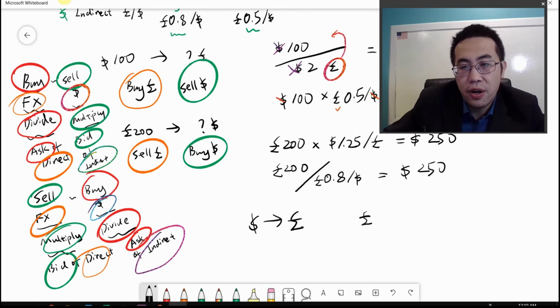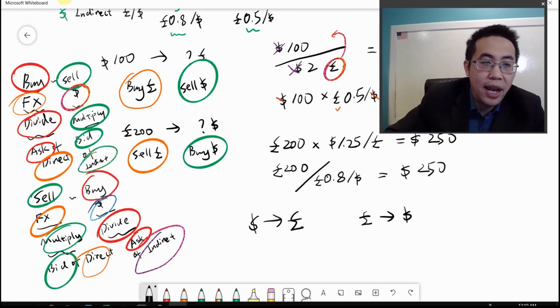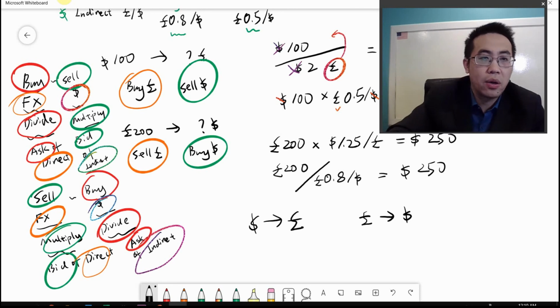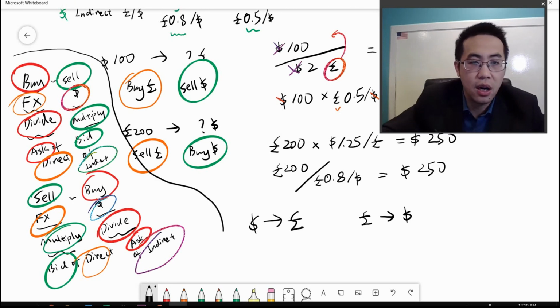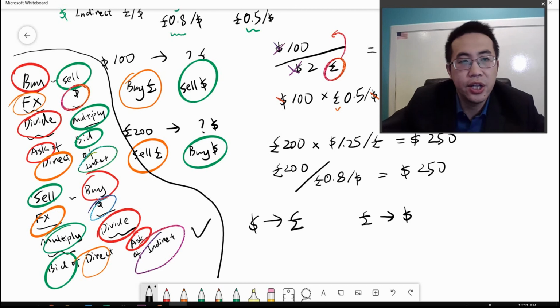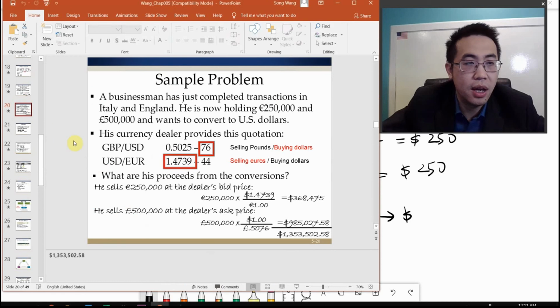Likewise, if you are converting pound to US dollar, then you are selling pounds and buying dollars. This would be the same transaction, but you can choose to use either direct quote or indirect quote, whichever comforts you. So this would be a rule to follow in your calculation. And let's get back to the PowerPoint.